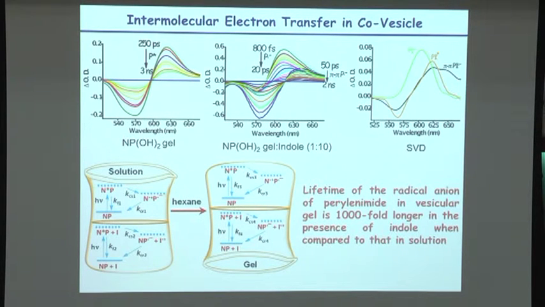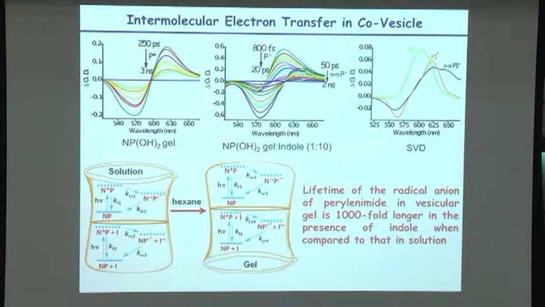So what we thought was, why don't we take the vesicle by itself instead of taking the molecule and throwing indole onto that, and try to inject an electron onto the vesicular system. As you can see here, you get 3 species out of this particular trace upon singular value decomposition: perylene diimide singlet, perylene diimide radical anion, and a new species that corresponds to pi-pi stacked perylene diimide radical anion.